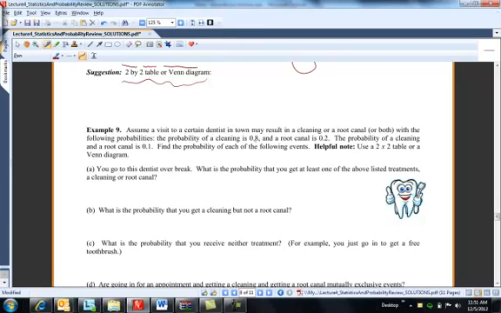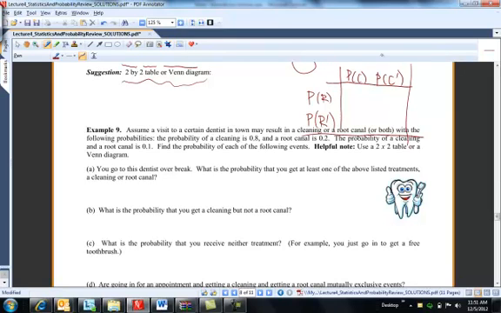The probability of a cleaning is 0.8. So let me draw this 2x2: probability of cleaning, cleaning not, and probability of a root canal and root canal not. Okay, so there's my 2x2 table.